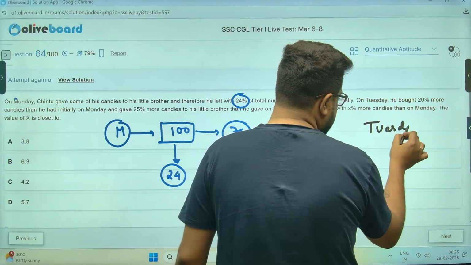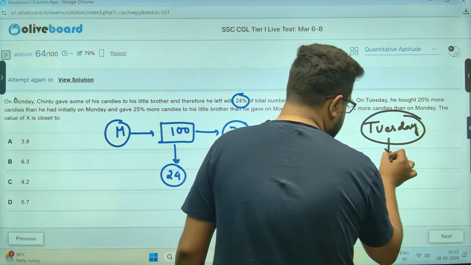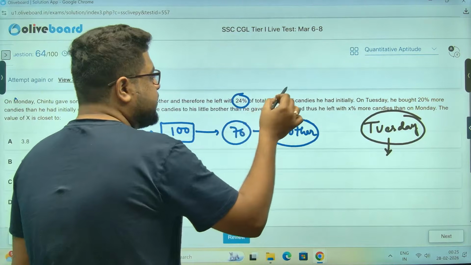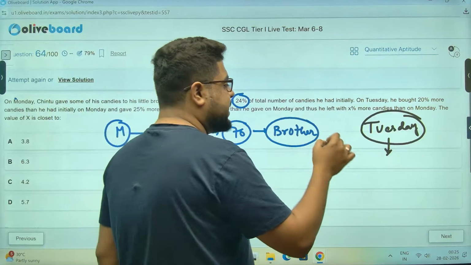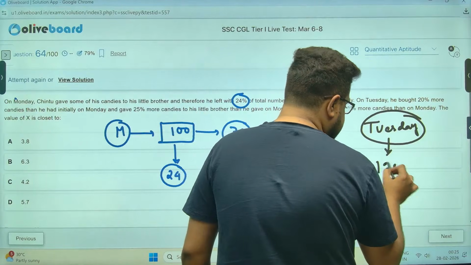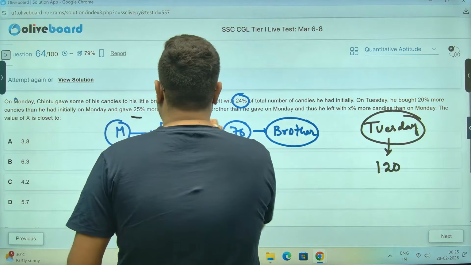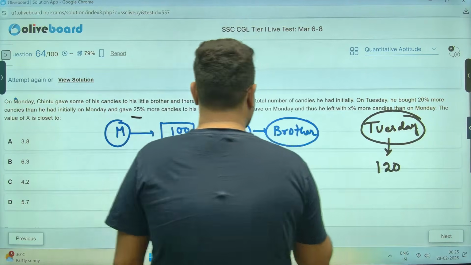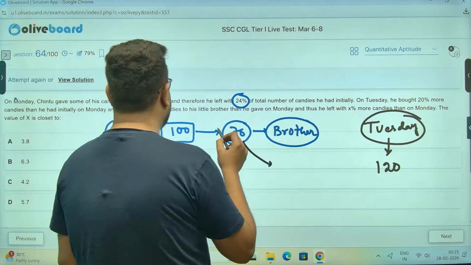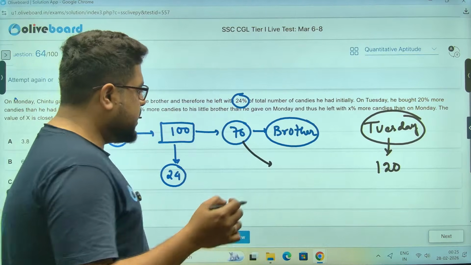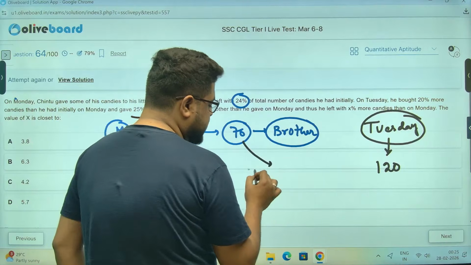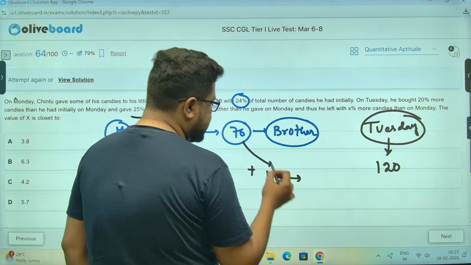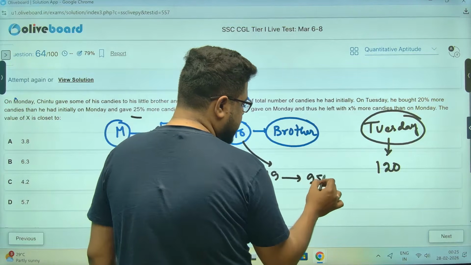Chintu being Chintu, he went on and bought 20% more candies, meaning he now had 120 candies, and gave 25% more to his little brother. So 76, 25% means 1/4, meaning 19 more, sir. So he has given 95 candies to his brother.